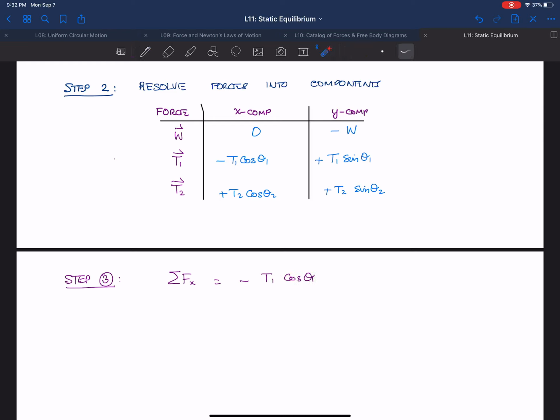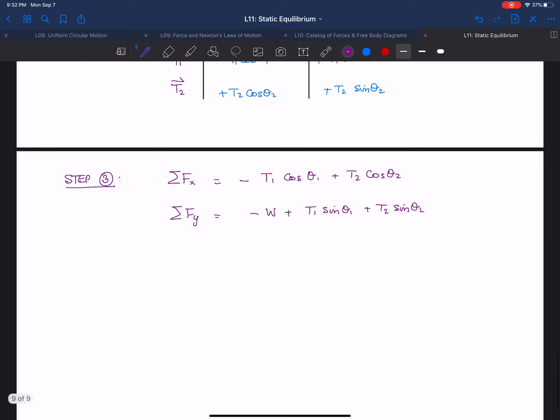All I'm doing is adding up the x components of all the forces. The y component of the net force is minus W plus T1 sine theta 1 plus T2 sine theta 2.